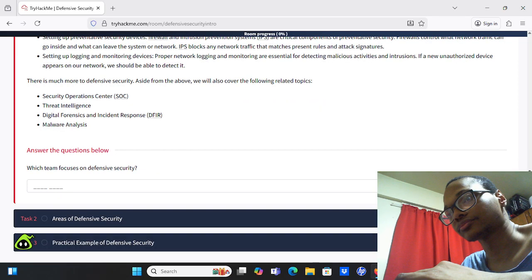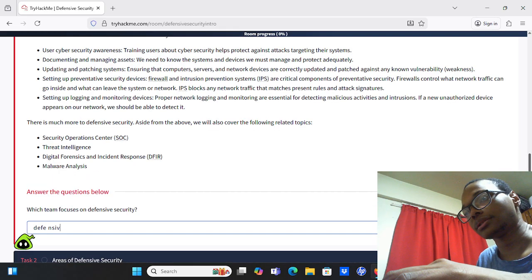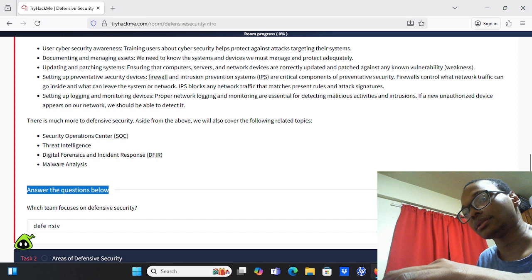Which team focuses on defensive security? Let me see if this works. This is not letting me type in defensive.